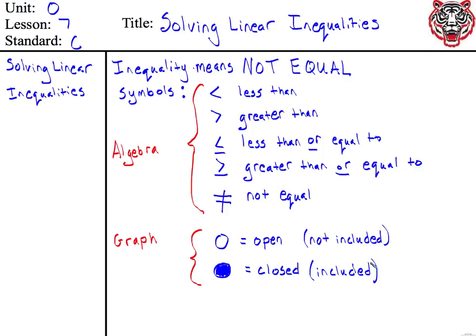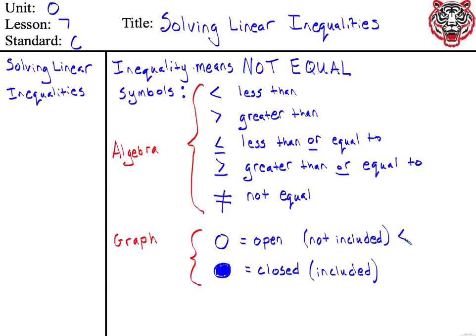I also want to do the symbols for what can happen here. All of these 5 symbols somehow get put over here. I have to put all 5 of these symbols either in this category or in this category. Which ones are not included? Less than, because that's not equal to. What else?